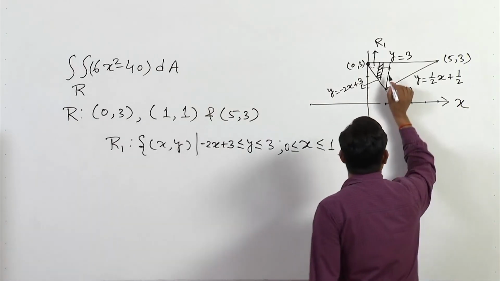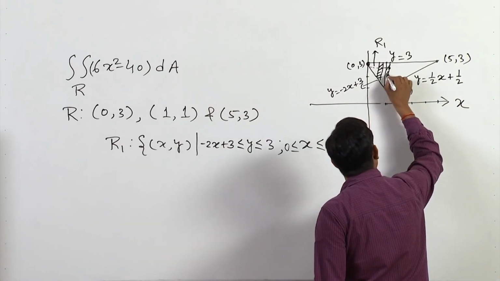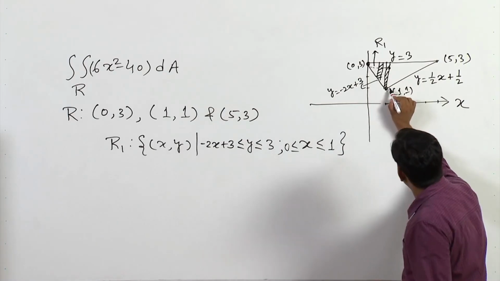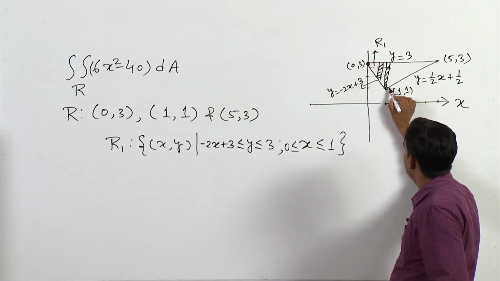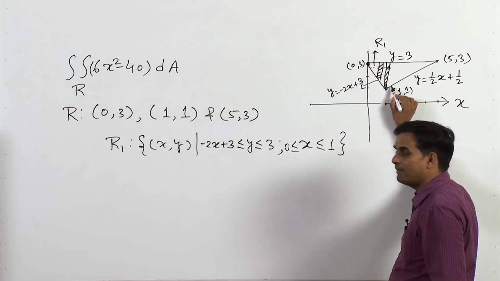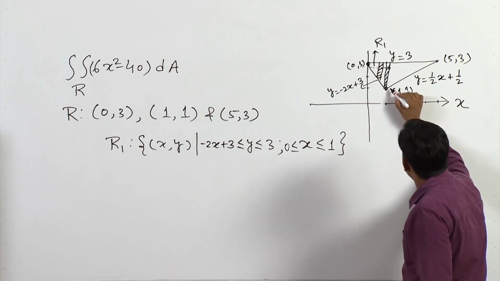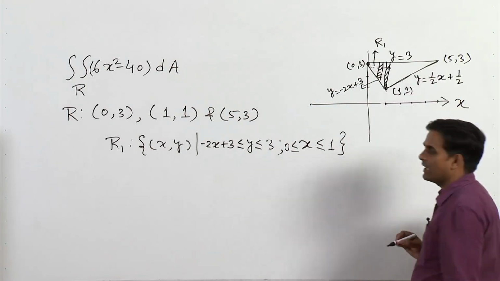Once the vertical strip moves beyond this point, the lower limit of the strip changes, because the lower limit becomes this line.